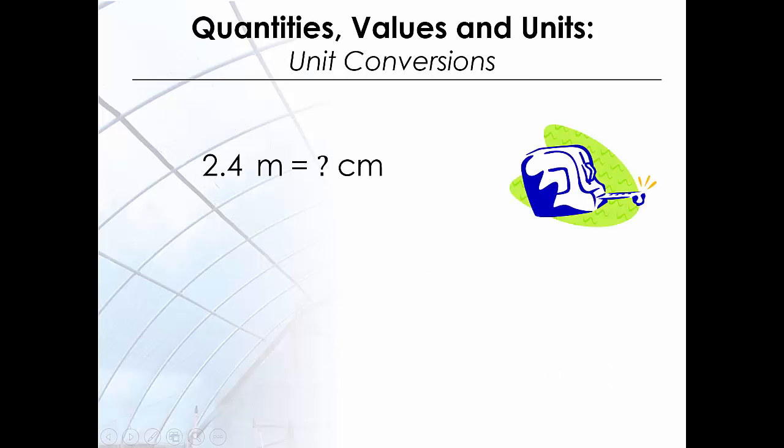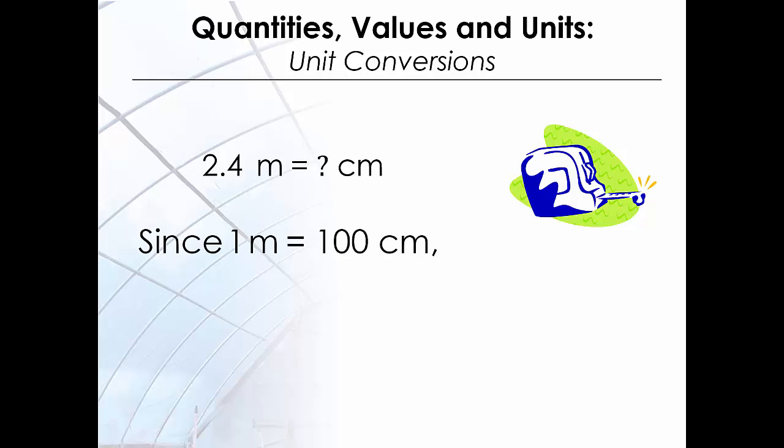A measured quantity with a value and specific unit can be converted into any unit of the same dimension using a conversion factor, which is the ratio between two expressions of the same quantity but different units. Let's consider an example here, converting 2.4 meters into centimeters.